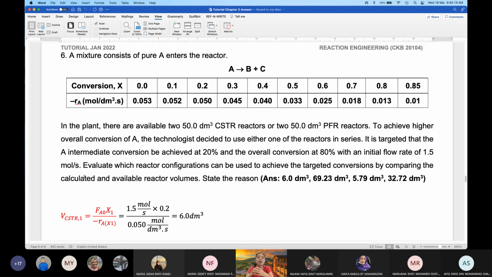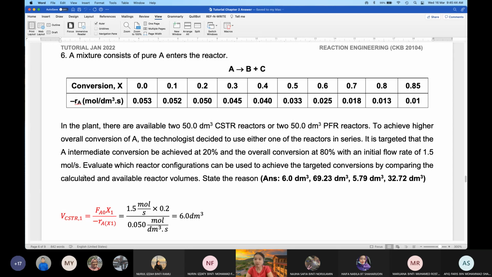Because what you calculated is the minimum volume, the smallest volume required to achieve the desired conversion. So for example, let's say you calculate the reactor volume you need is 5 liters. It means if you don't have a 5 liter reactor, the reaction cannot achieve the conversion you want. Let's say in your plant, the reactor available is only 3 liters.